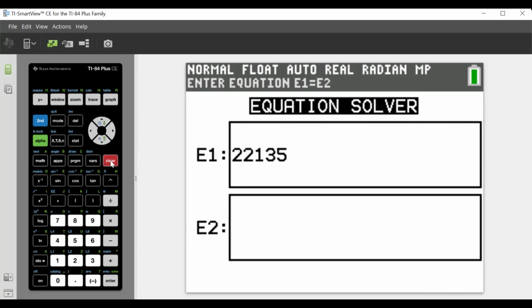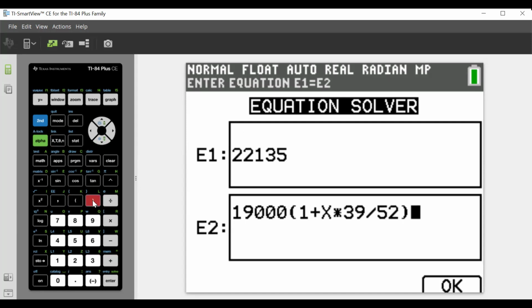And the other side we had was 19,000 times (1 plus R). We don't have R, but we do have an X, so we can put X. And then our T was times 39 divided by 52, in parentheses. Now we've got everything in here.